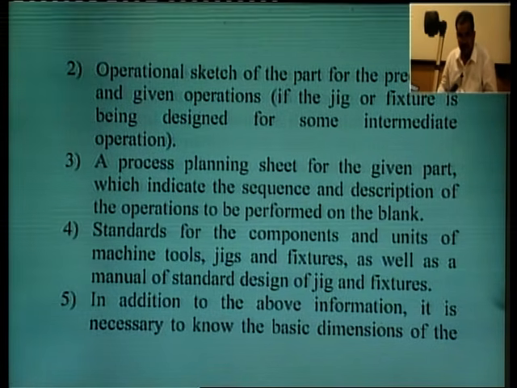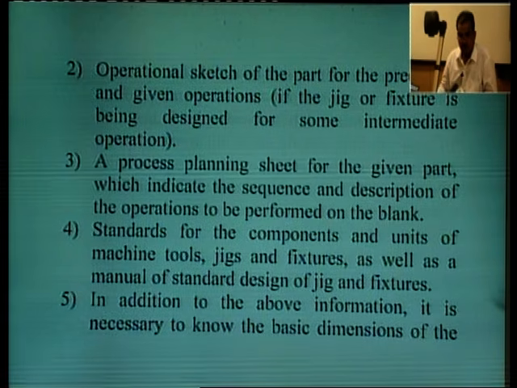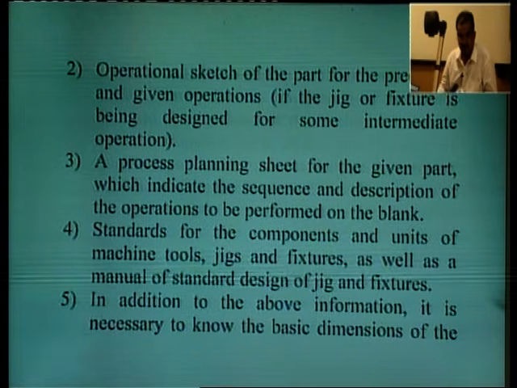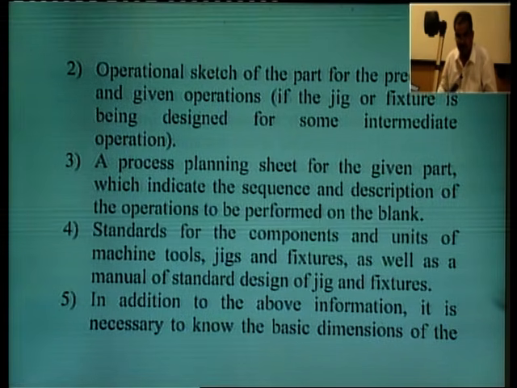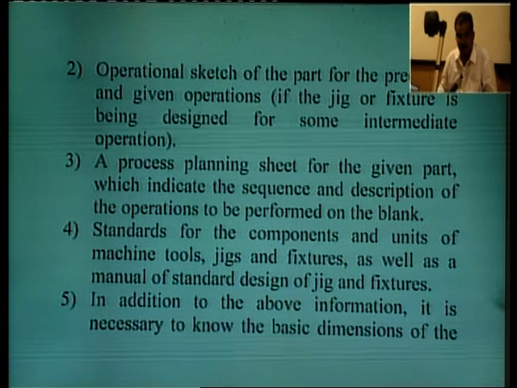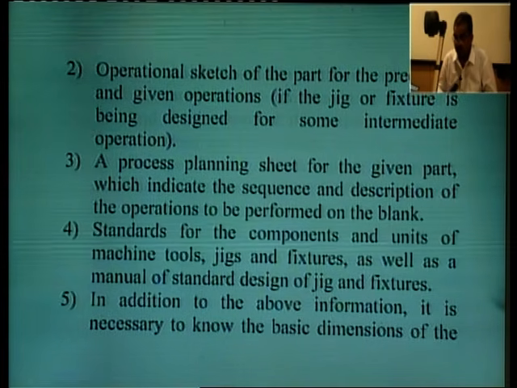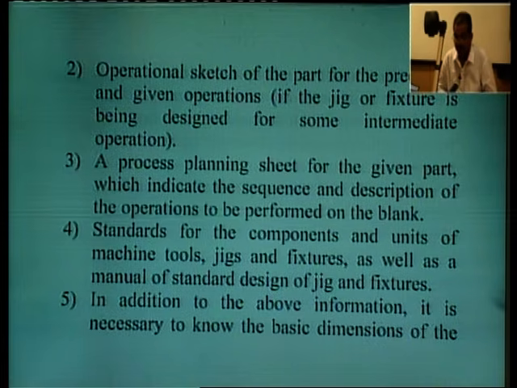Then the operational sketch of the part for the preceding and given operation. If a jig or fixture is being designed for some intermediate operation, we must have some operational sketch available to the designer.